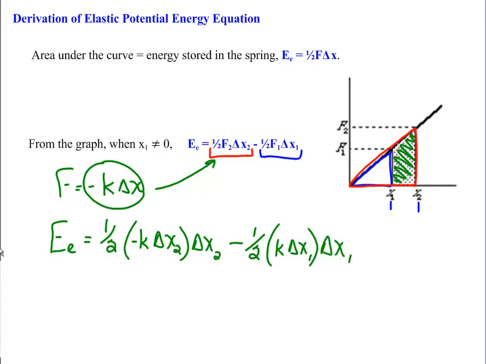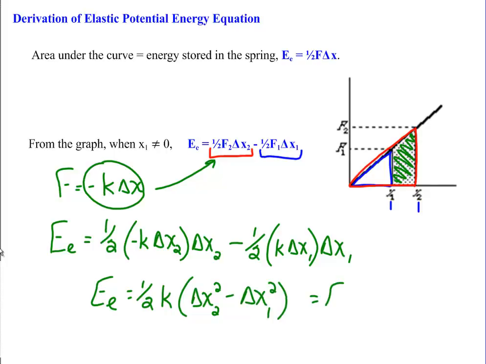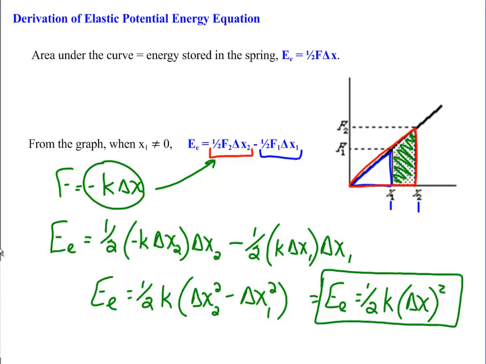Now I reorganize and I cluster and I rearrange, and what I get is E equals 1/2 K, pull it out, delta X2 squared minus delta X1 squared. And that simplifies to elastic potential energy equals 1/2 times K times the change in X squared. And this equation is a whole lot easier than the one above, and so this is our equation for elastic potential energy.